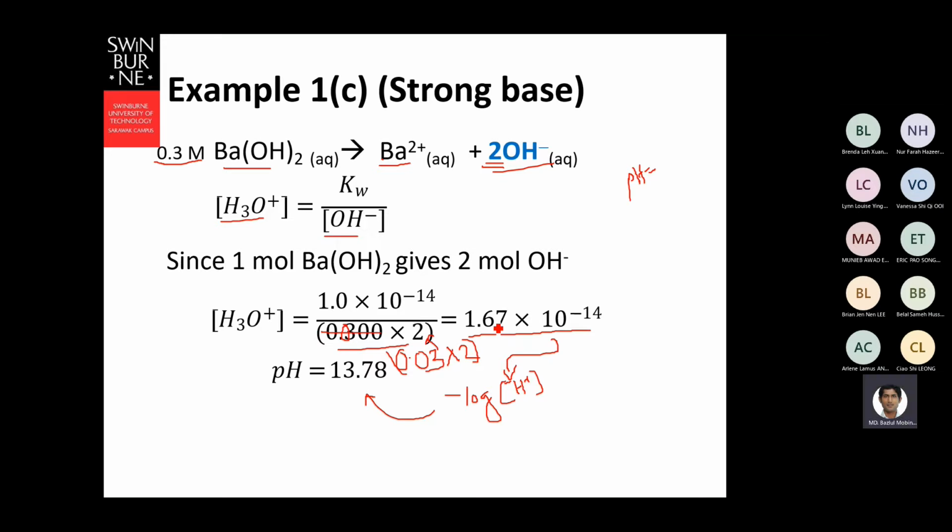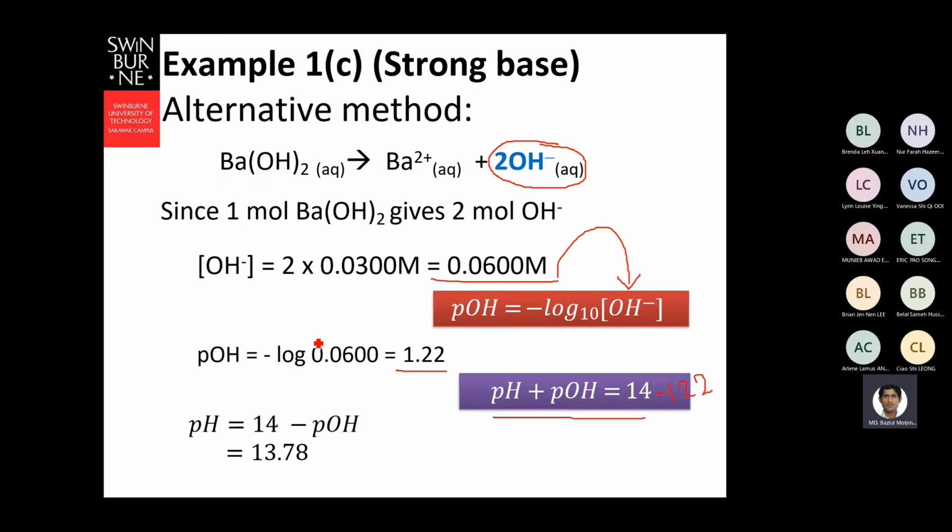Oh, 1.67 times 10 negative 13 we are getting, and here we are getting... yes, I am getting 12.77 as well.